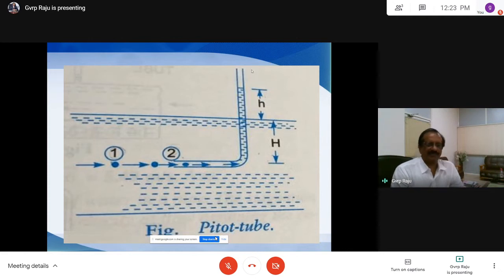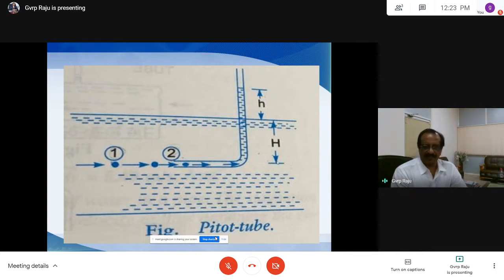The fluid at point 1 has a velocity, and it approaches point 2. It flows around the tube, as it is a stagnation point, and consequently there is a pressure rise here. Then we have three aspects here.